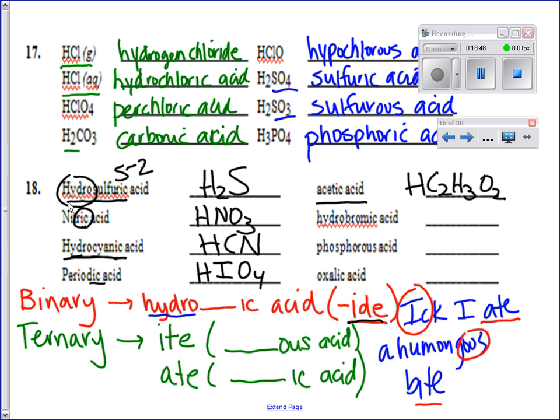All right, hydrobromic acid. We're up to Lauren. Nice. Okay, phosphorus. We're up to Lincoln. Nice, H3PO3 because it's phosphite. And then Winborn, poor Winborn gets oxalate.